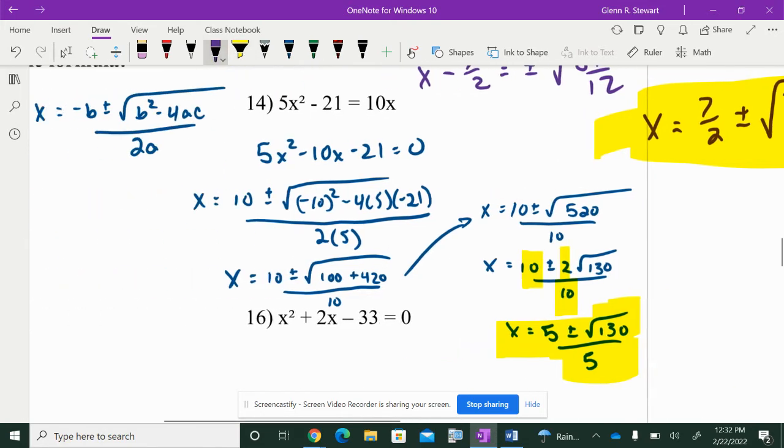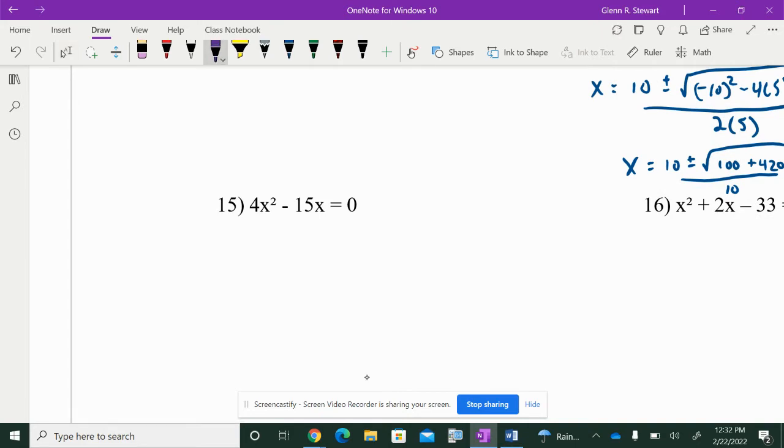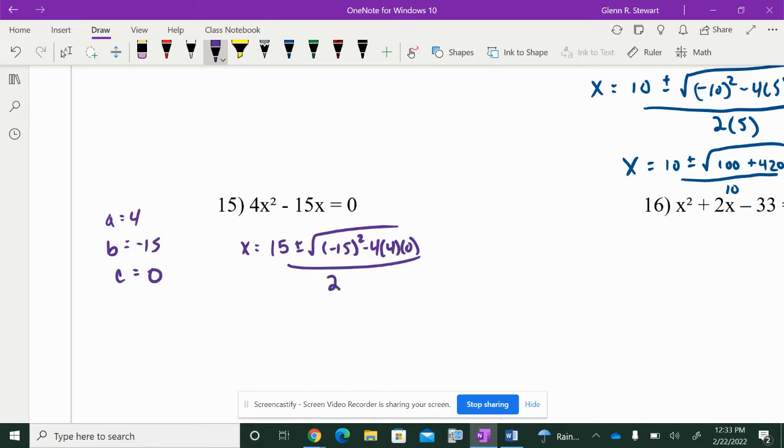All right, number 15. 15 is unique because a is 4, b is negative 15, but c is 0 because there is no c value. So x is equal to negative b, so negative 15 is positive 15, plus or minus the square root of b squared, so negative 15 squared, minus 4ac, so 4 times 4 times 0, all over 2a, so 2 times 4.